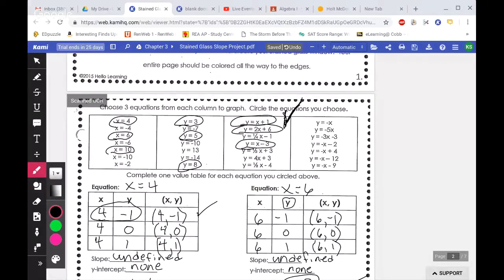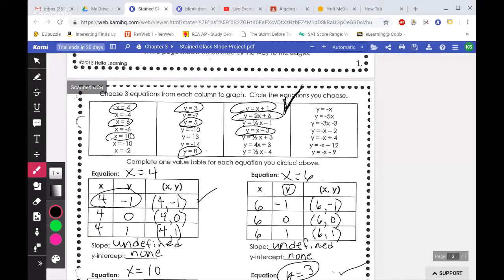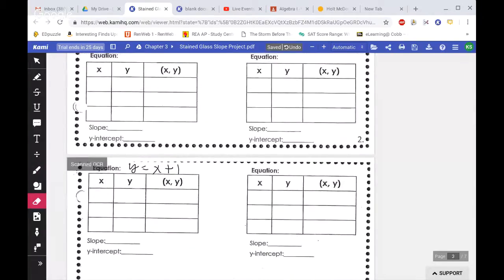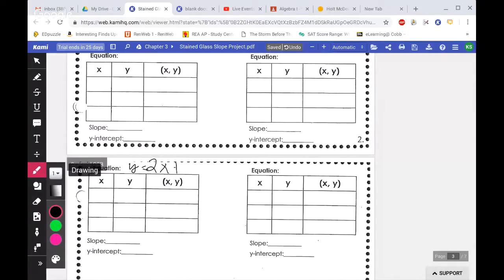So both of you picked y equals 2x plus 6, correct? Yes. Eli, you picked that one too? Yes, ma'am. Do you care if I work that one here? Yes, ma'am. Did you need to see anything else, Mary Faith? No, ma'am.